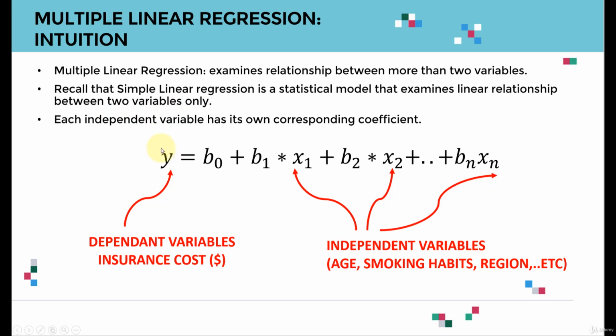Here we took it to the next level, and each independent variable, x1 or x2 and so on, has its own corresponding coefficient. So now I need to obtain a lot more parameters compared to before. Before I only had to obtain m and b. Now I need to obtain many more parameters, and I'm going to show you how to obtain and optimize these parameters in the next couple of lectures.